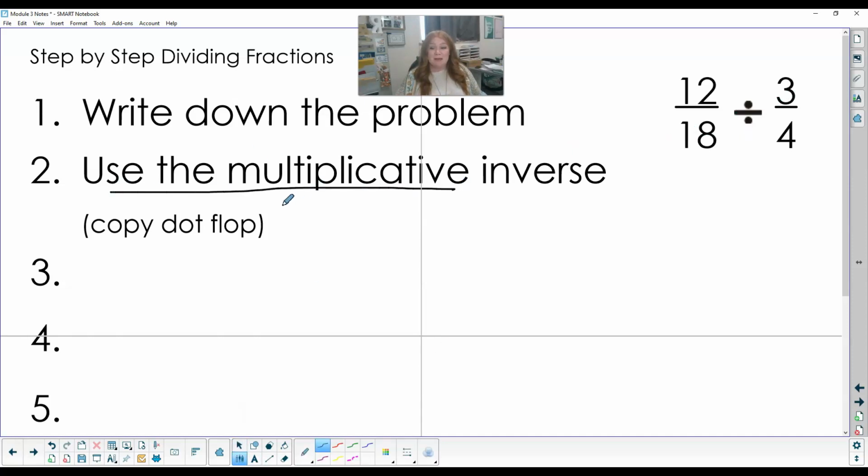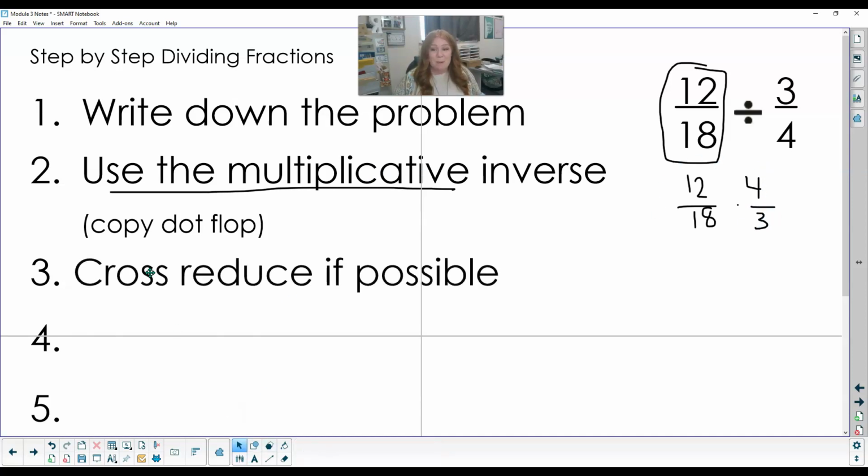So I'm going to rewrite the problem. So I copy this first one down. So 12/18, dot for multiply. So the dot, I'm using the opposite of divide, and then the inverse of the last one. So instead of 3/4, flip it upside down, and now I have 4/3. So here's my new problem. Step 3, we want to cross reduce if possible.